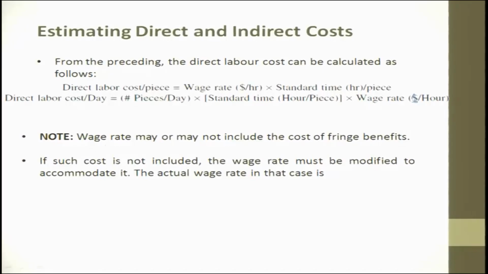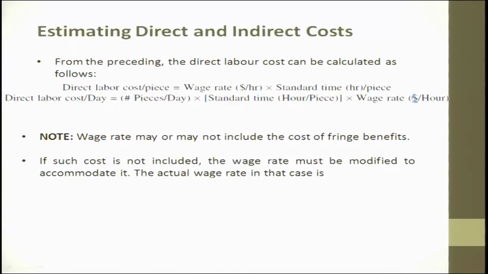So, note the wage rate may or may not include the cost of fringe benefits. There are small fringe benefits which we try to give in industry. If the cost is not included, the wage rate must be modified to accommodate it.